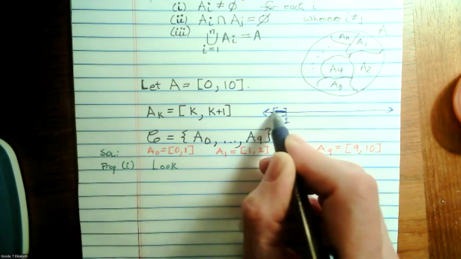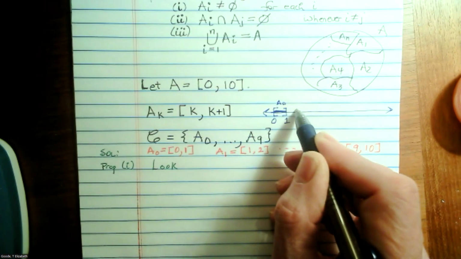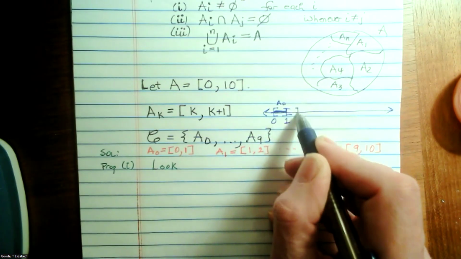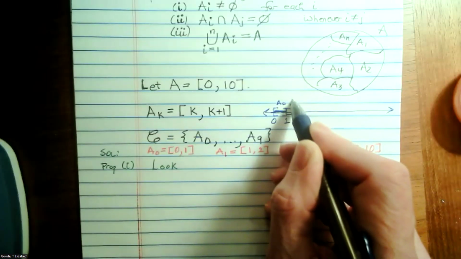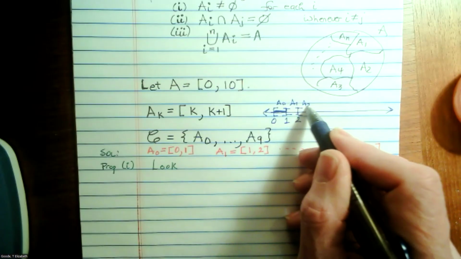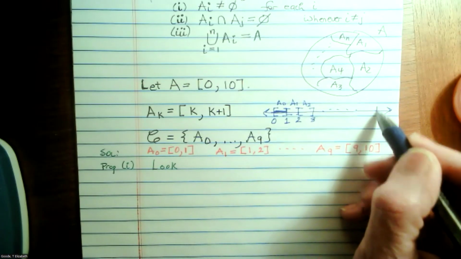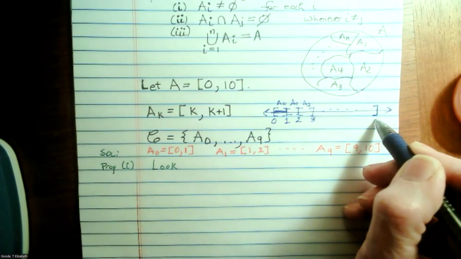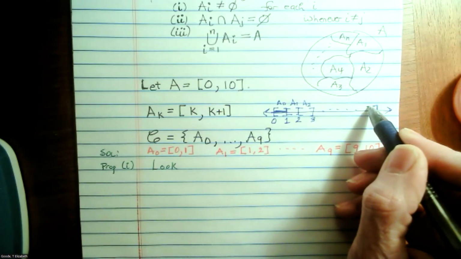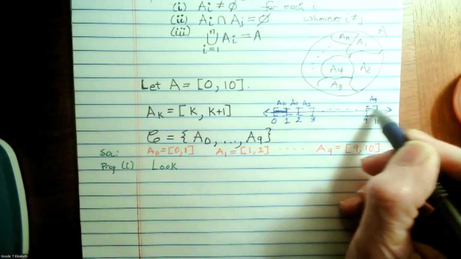So here's A0, and then here's A1. And then there's A2 that goes from 2 to 3 and includes the endpoints, all the way up to A9, right?